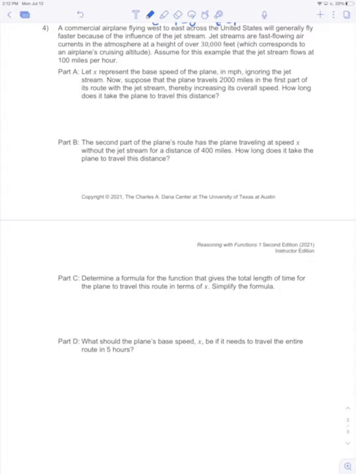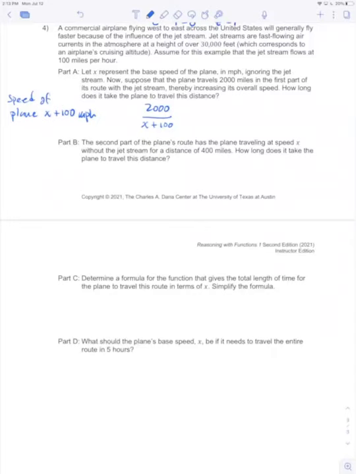Well, since the plane is moving with the jet stream, the speed of the plane is going to be x plus 100 miles per hour. So it's going to take the plane 2,000 over x plus 100 hours to travel this distance.